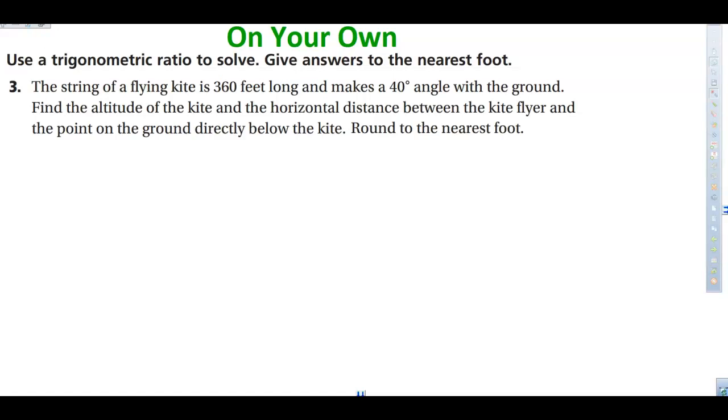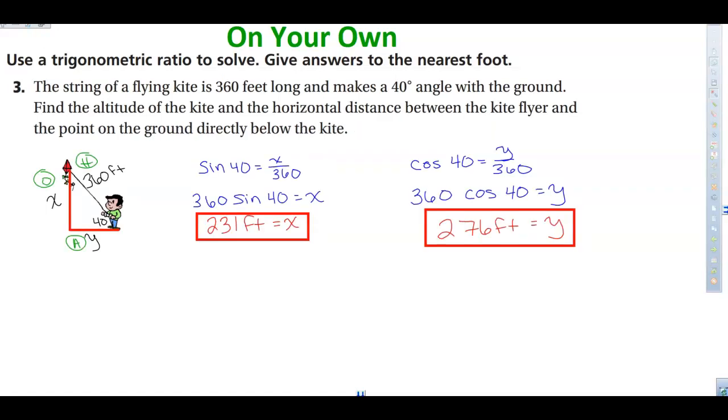All right, let's take a look at your answers here and check your work. One of the big key things to remember is that the string of a kite is what you're holding when you're flying a kite. That is what is connecting you to the kite. So the string is 360 feet long, not the tail.